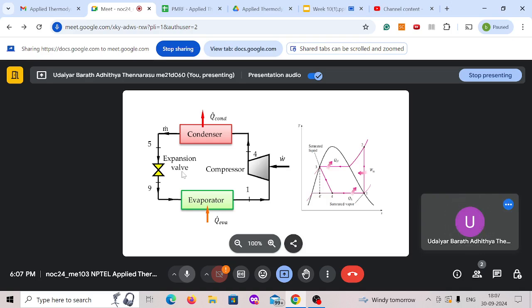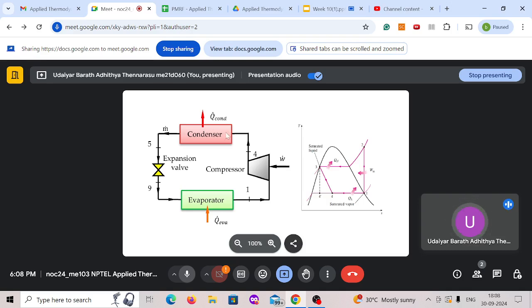Generally, for the normal fluids which we see, the inversion temperatures are higher, so we always see a reduction in temperature with respect to pressure, except for hydrogen and helium, where you will have an increase in temperature with a decrease in pressure. The other general fluids will always give you a drop.